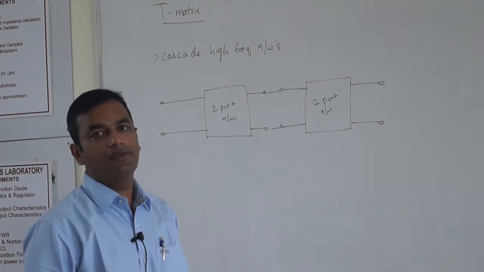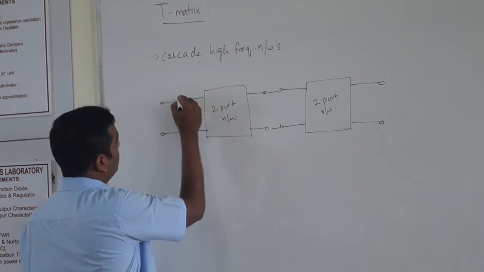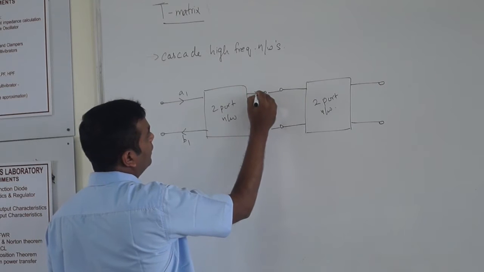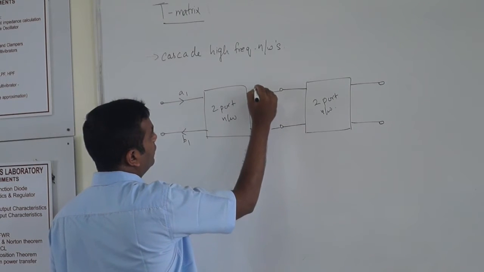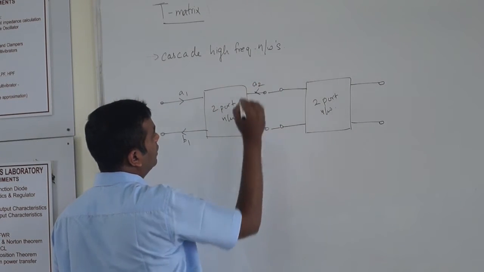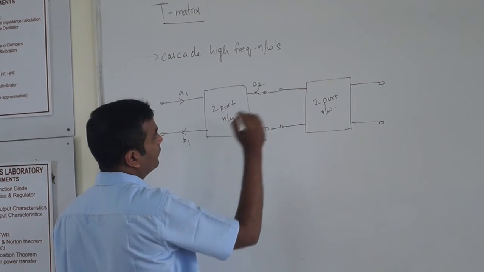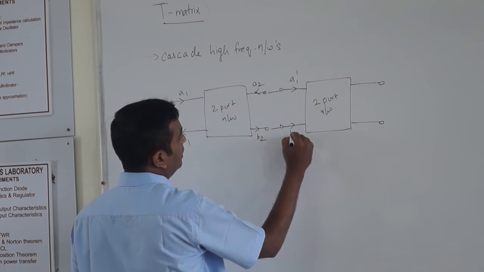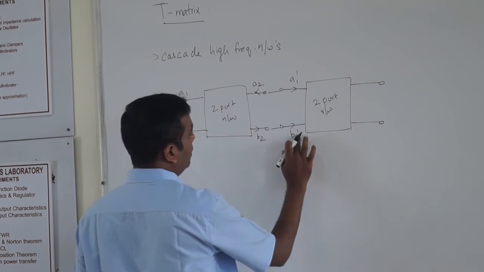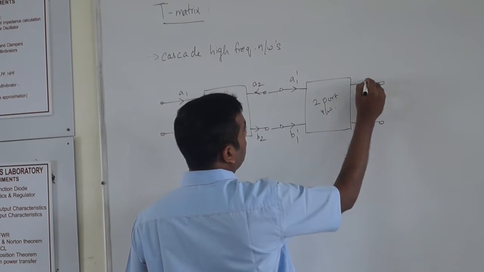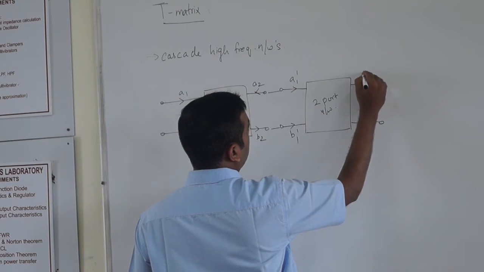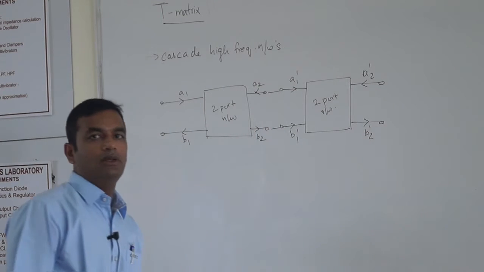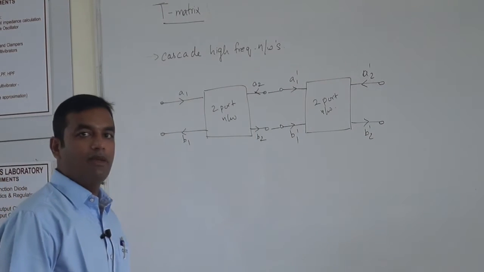So now let me call this A1, this will be B1, this will be A2, this is B2. So this will be A1 dash, B2 dash, B1 dash, A2 dash, B2 dash.